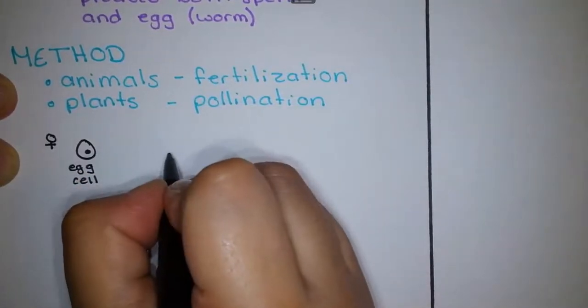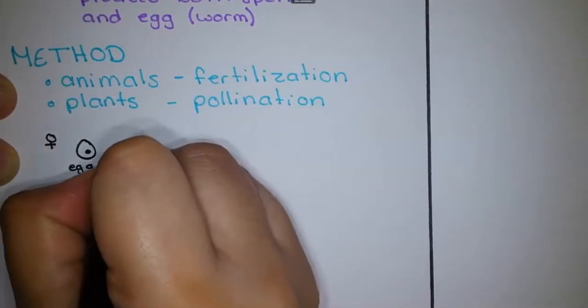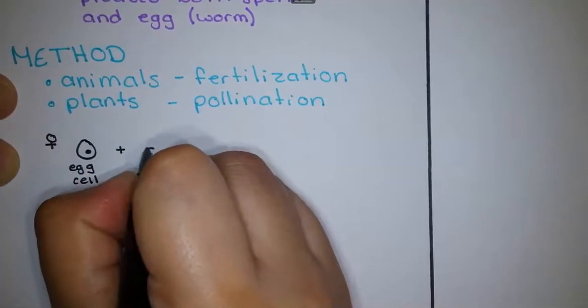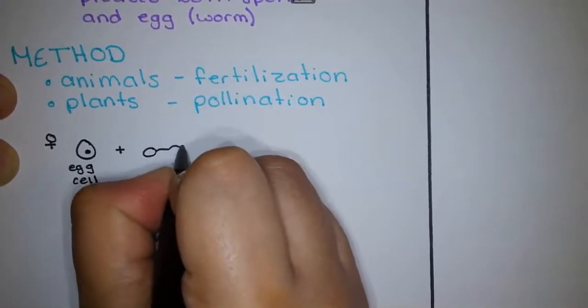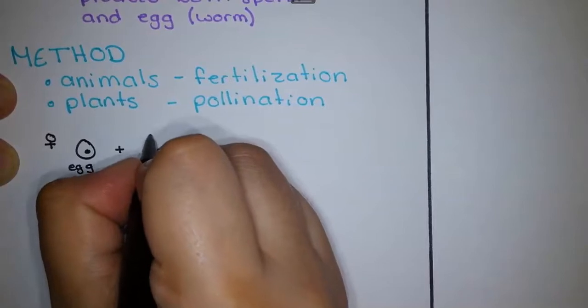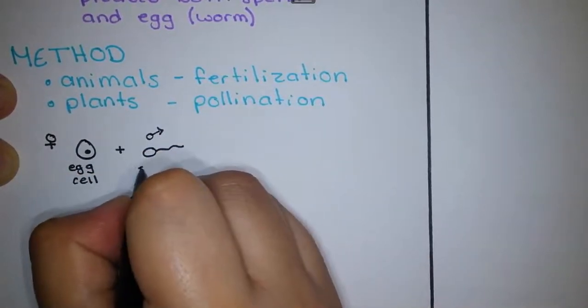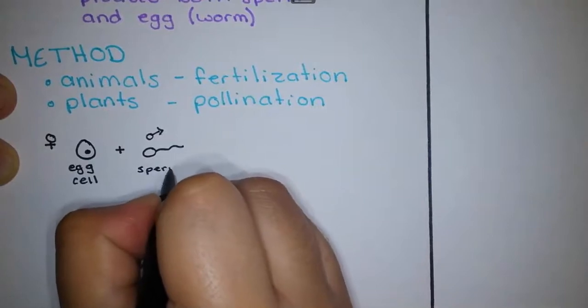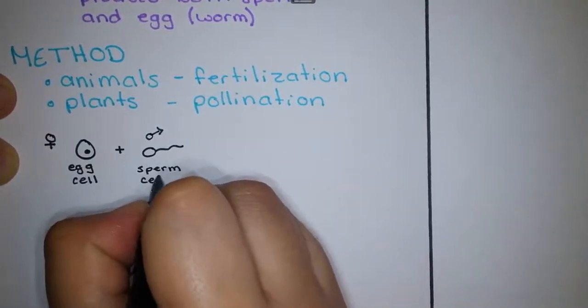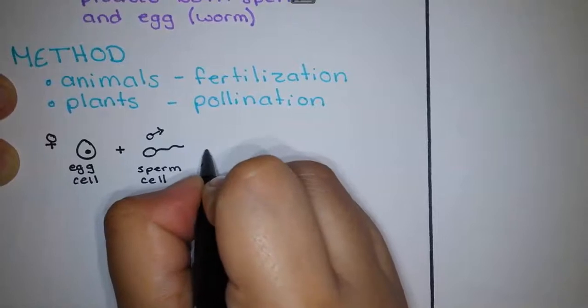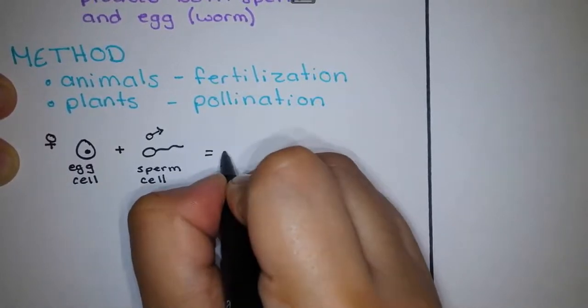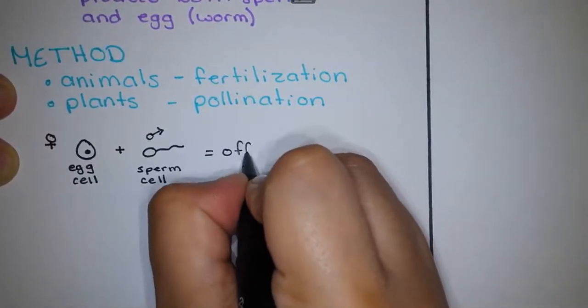And we are going to get our sperm cell. And as a result, we are going to get an offspring.